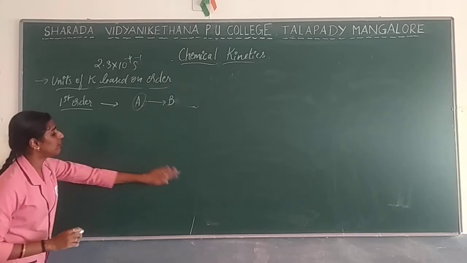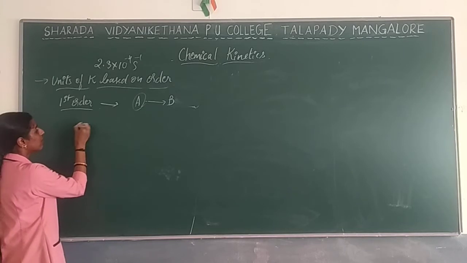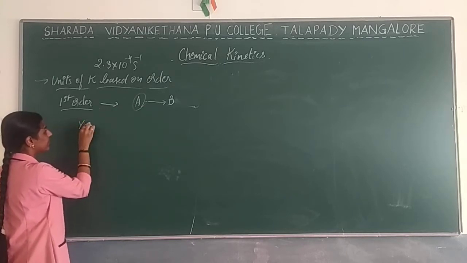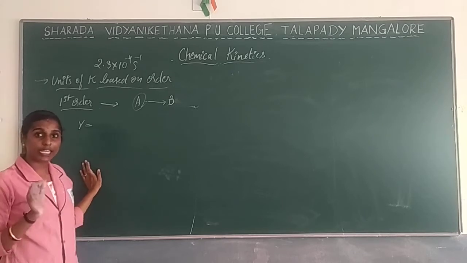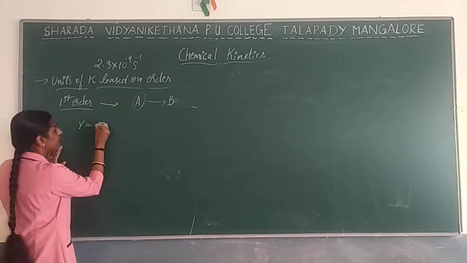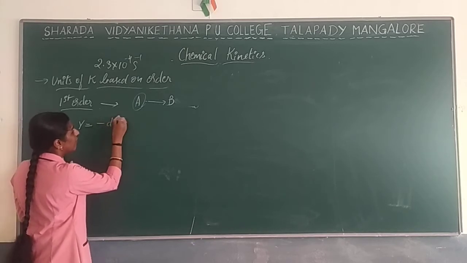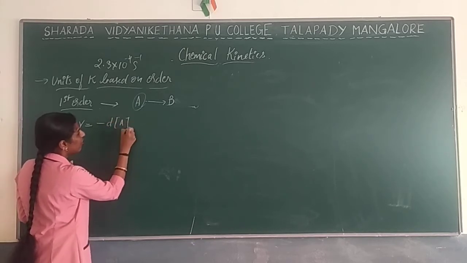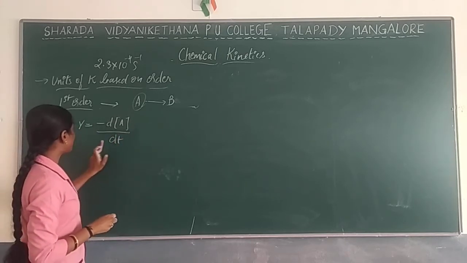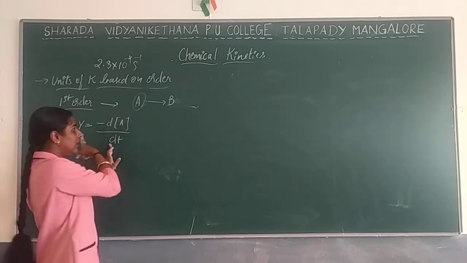Now when writing the rate, first we have learned in the last class that it will be written as minus of d of concentration of A divided by dt. This is one way to write rate.